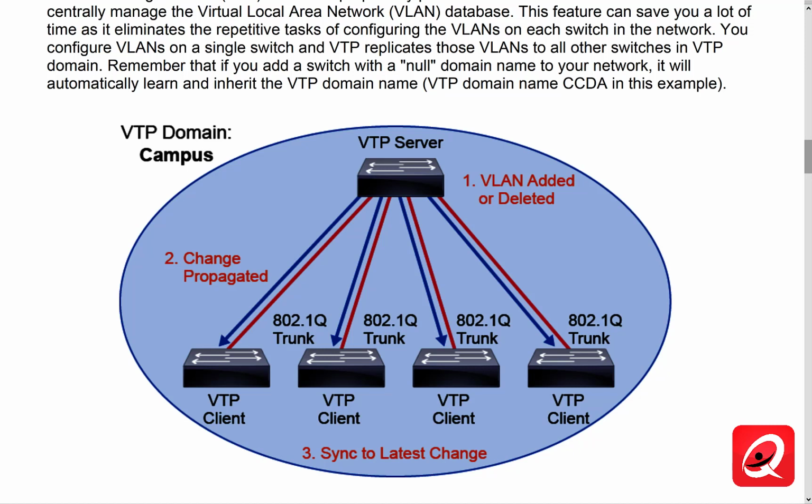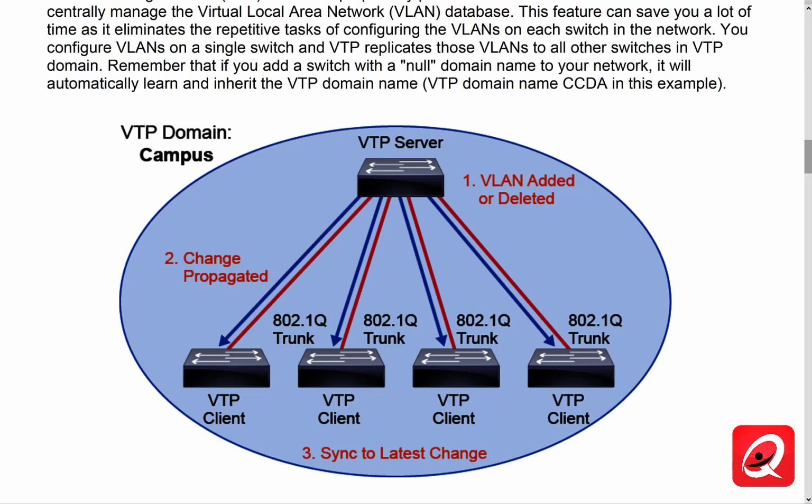So in this particular case, we have our VTP domain called campus. They say CCDA in this example, but clearly it's not called CCDA, it's called campus. All the switches are a member of the same VTP domain.